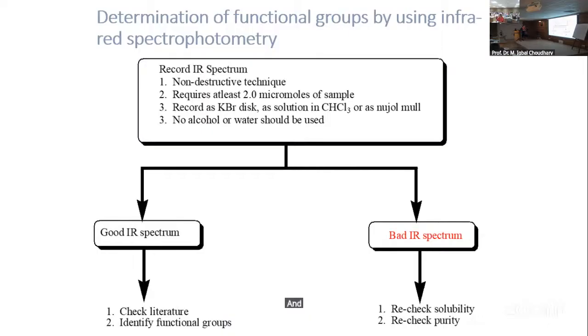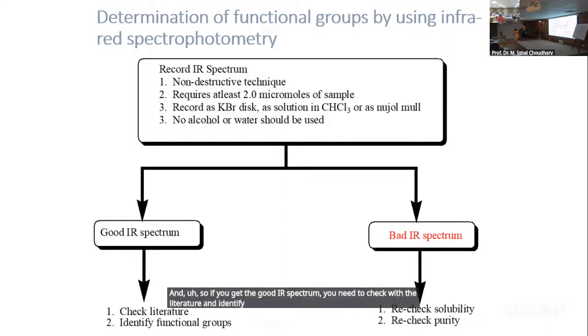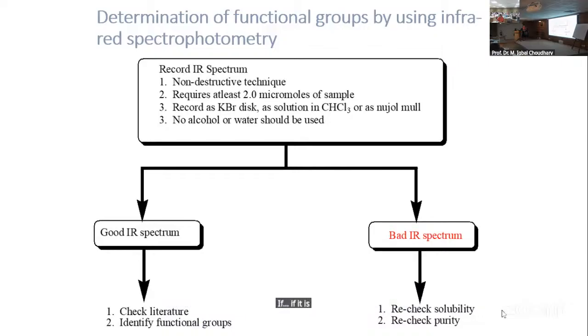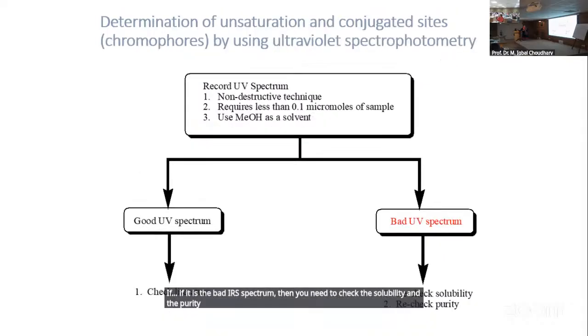If you get a good IR spectrum, you need to check with the literature and identify the functional group in your molecule. If it is a bad IR spectrum, then you need to check the solubility and the purity of your molecule.